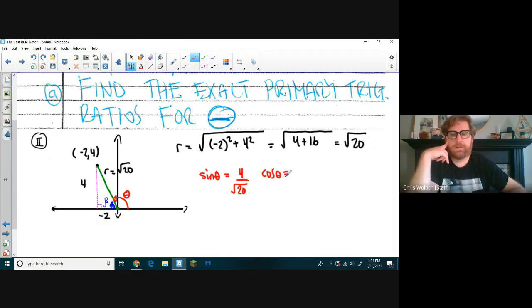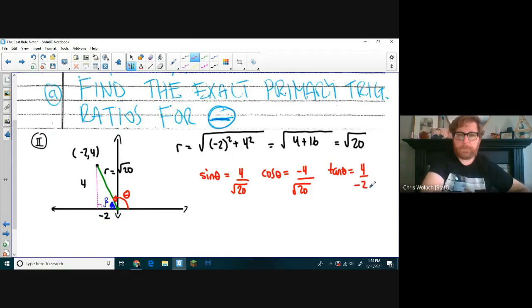Cosine is adjacent over hypotenuse, or x over r. So that is negative 4 over root 20. And then tangent is y over x. So those are our exact primary trig ratios.